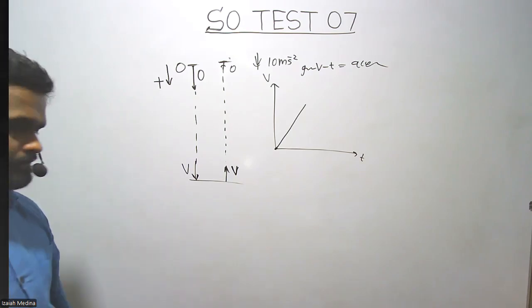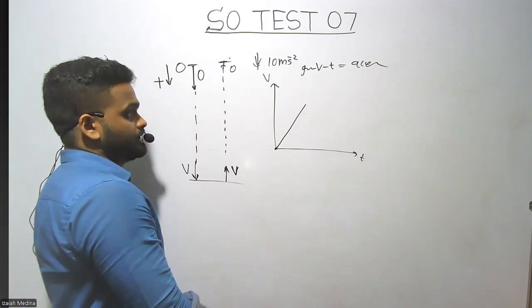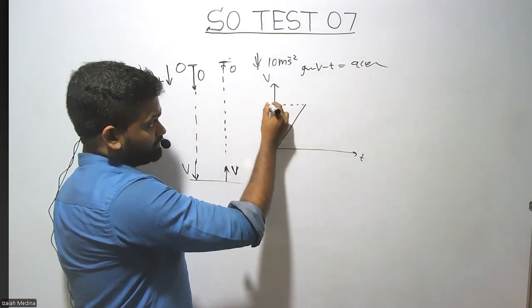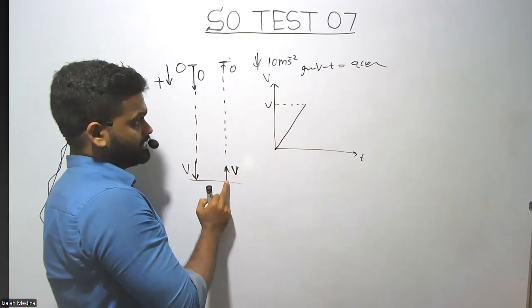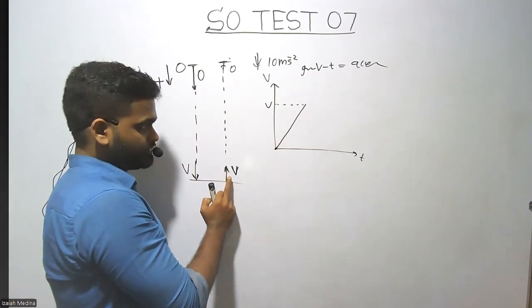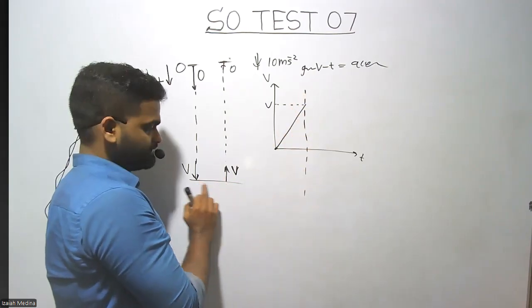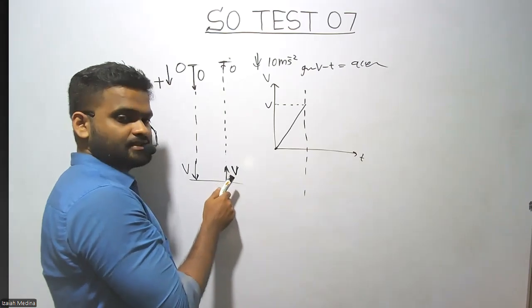Usually you take the direction of the initial velocity to be the positive direction, right? So here it hits the ground at V, then bounces off. As it bounces off, what happens? At this instant, the direction of velocity changes.